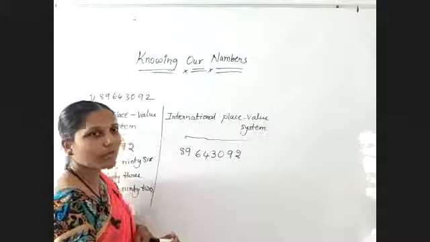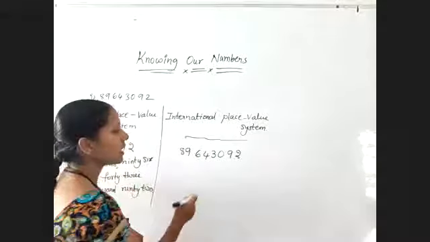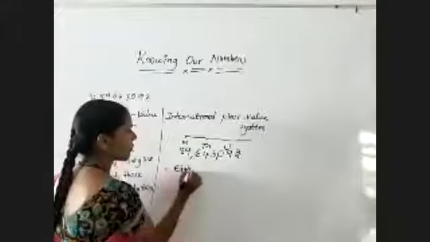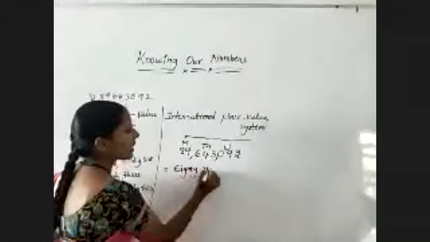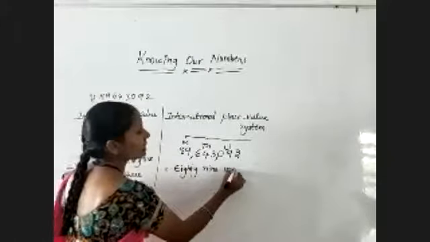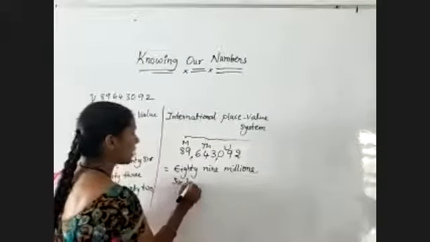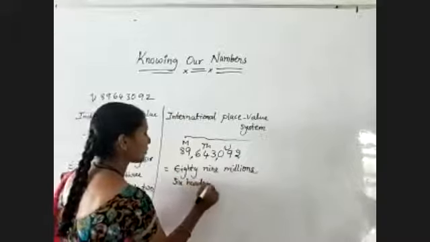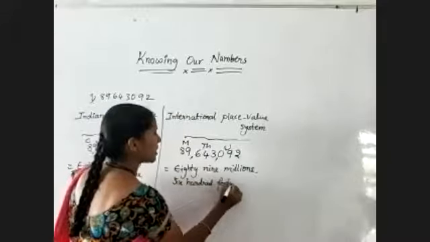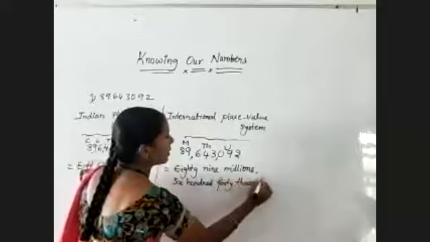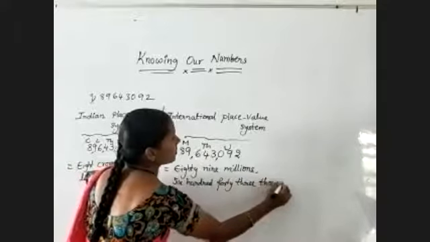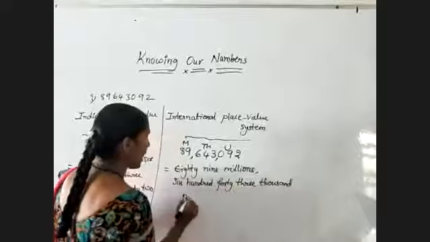So separate the periods by commas: 1, 2, 3, 1, 2, 3. 89 million, 643,000, 643,092.